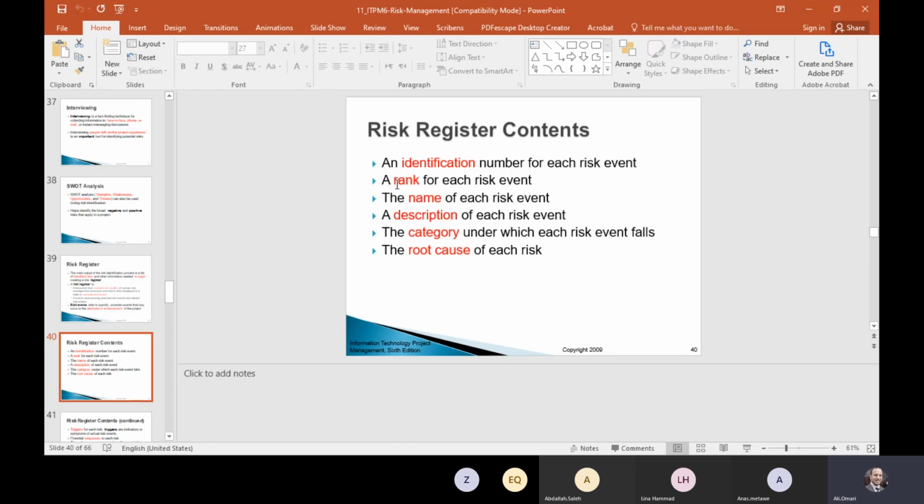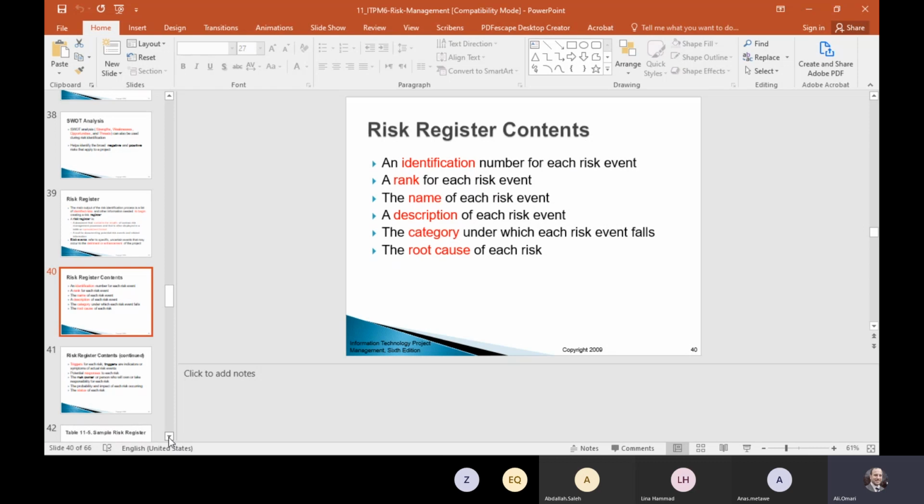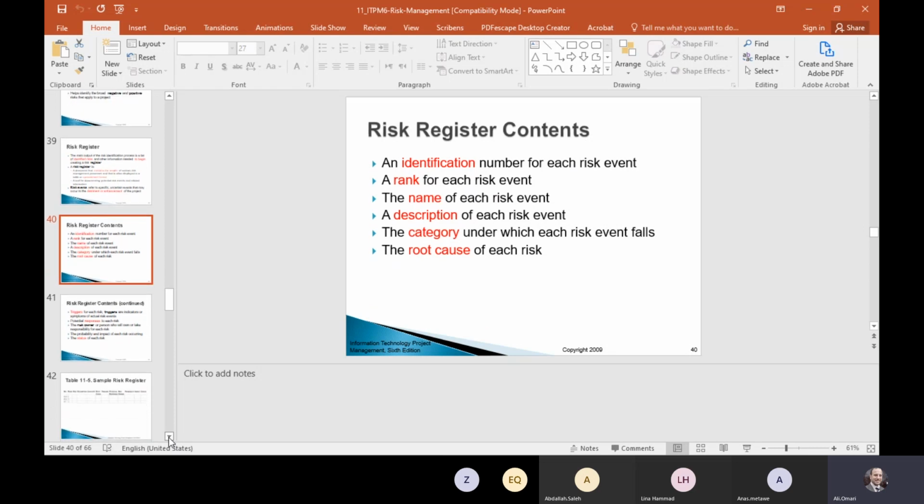It has an identification number of the risk, a rank for the risk, the name, the description for the risk, the categories, and the root cause of the risks. Simple, right? But it has to be documented, and this is typical information of the content of the risk register.